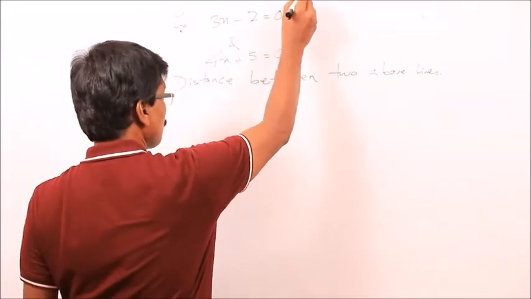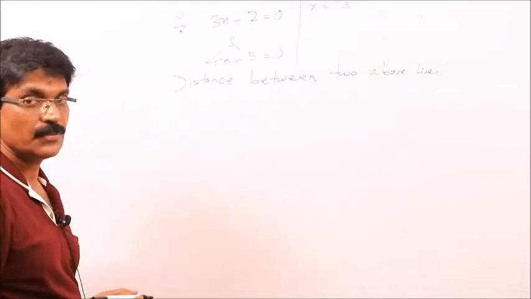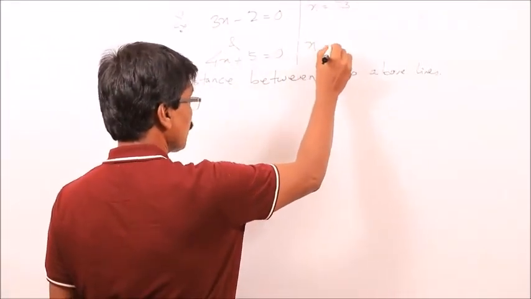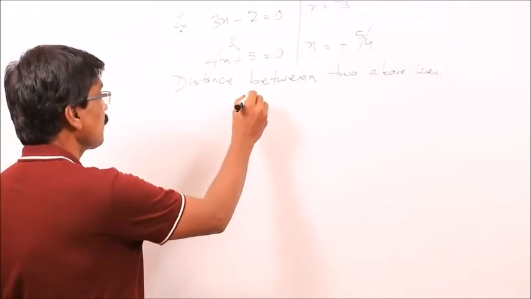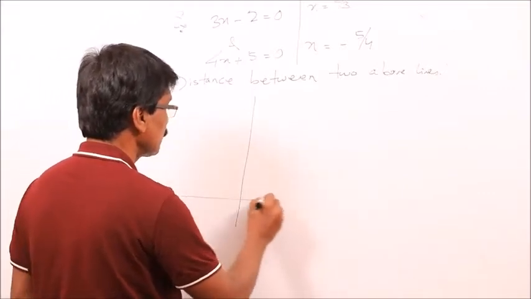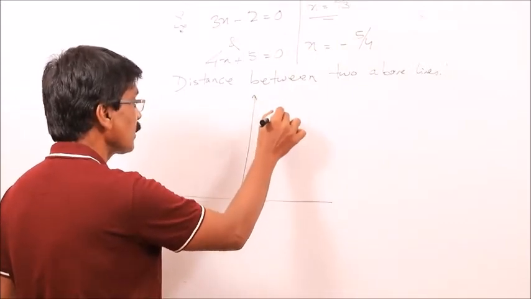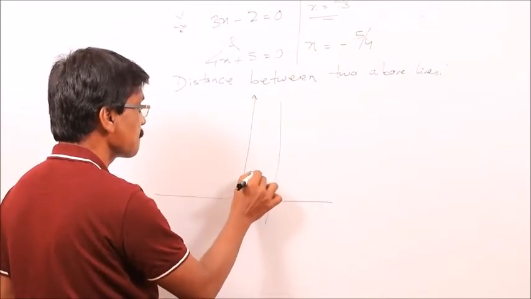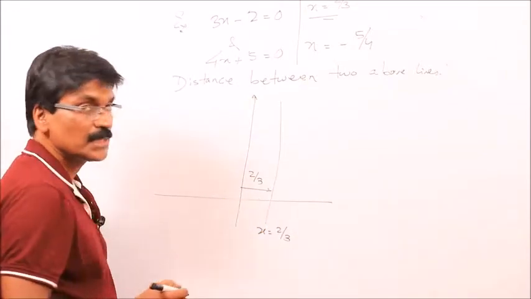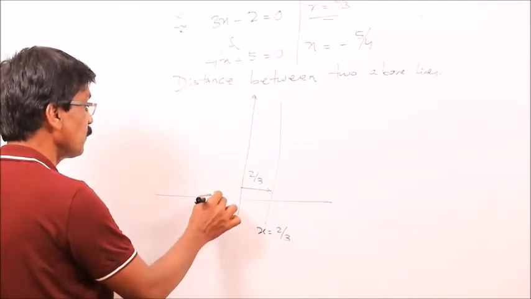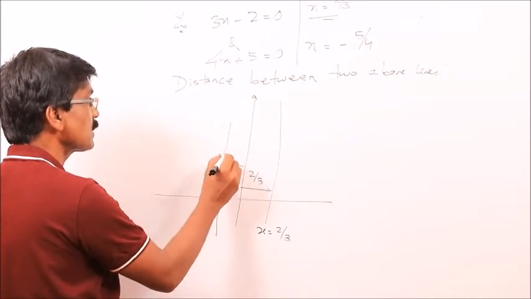So, 3x is equal to 2, here x is equal to 2 by 3, and 4x is equal to minus 5, x is equal to minus 5 by 4. So, we have two lines, x is equal to 2 by 3 along the x axis, and x is equal to minus 5 by 4, that is 5 by 4 units towards the left of the y axis.